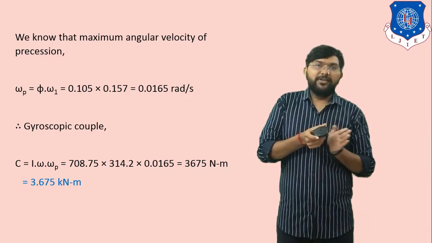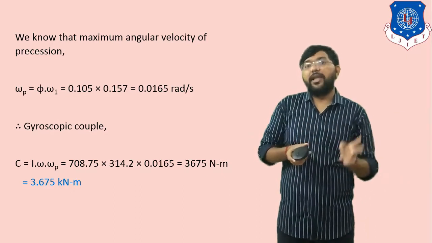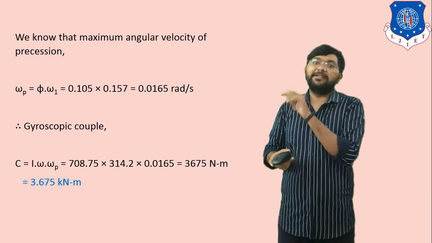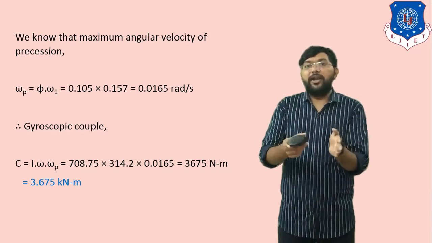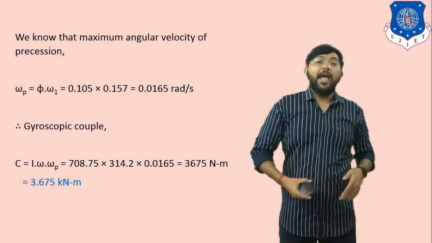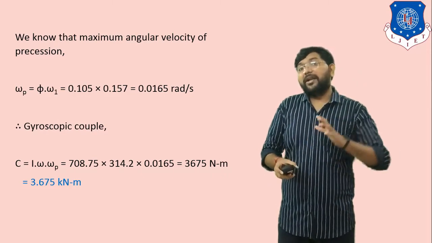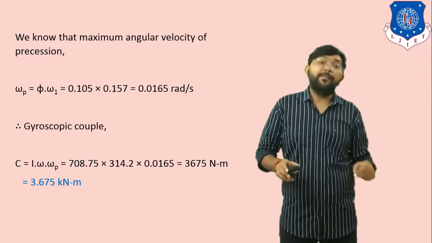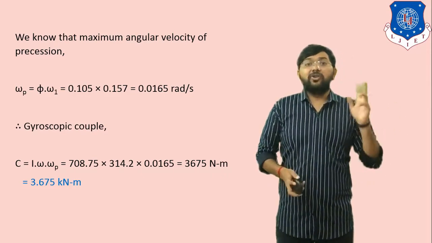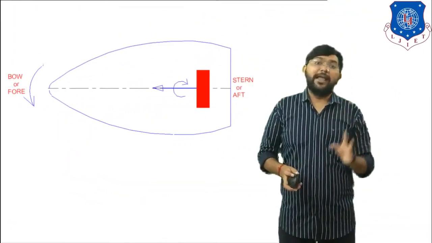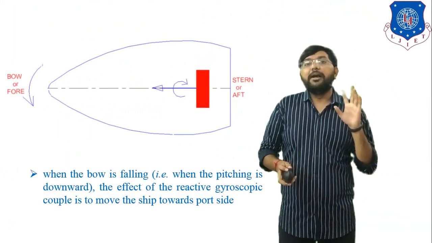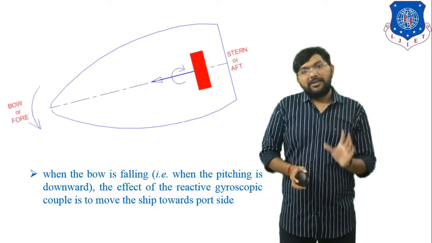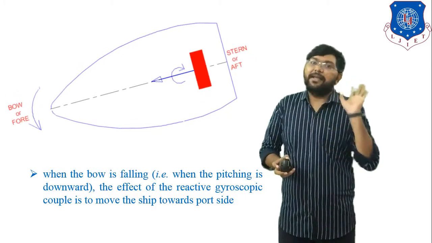So the resultant is in an inclined direction, and the body always tries to move in the direction of the resultant force. So the body tries to move to the left hand side, and you all know the left hand side of a ship is also known as the port side. So the ship tries to move toward the left side or port side. So this is the answer of this example.